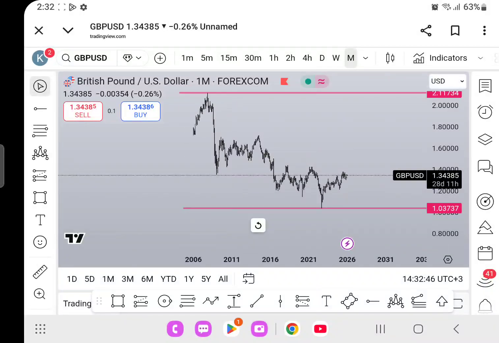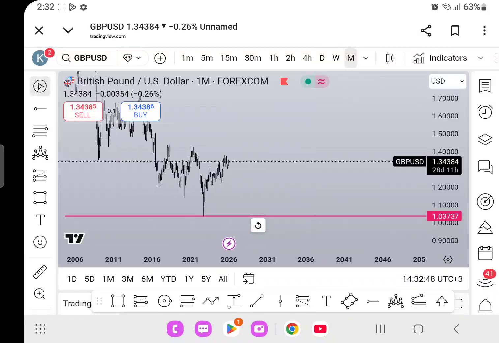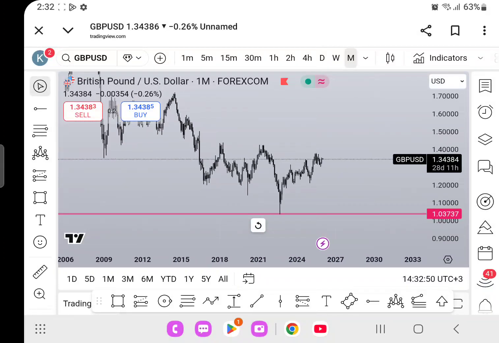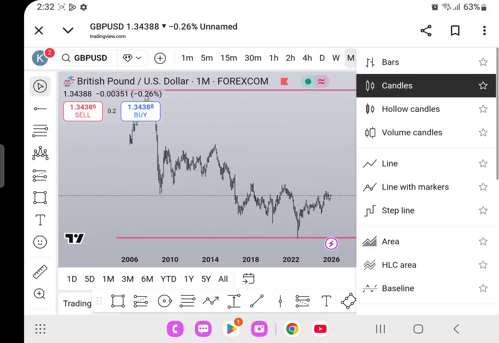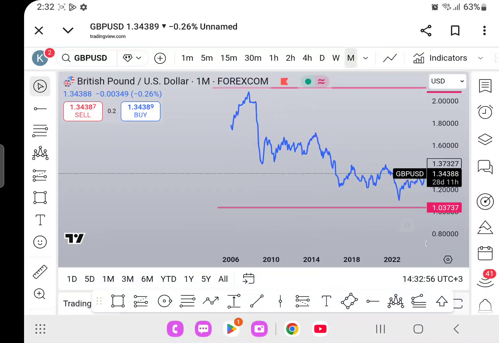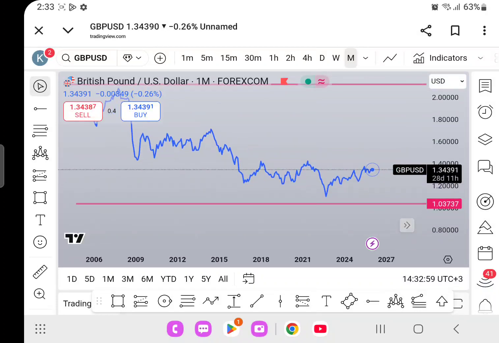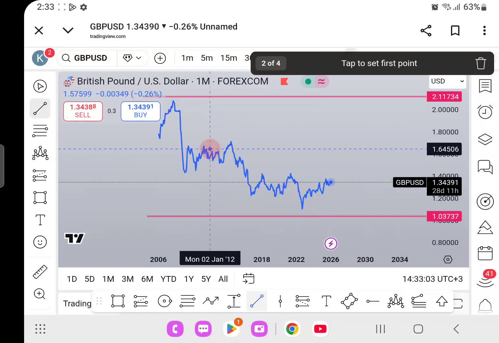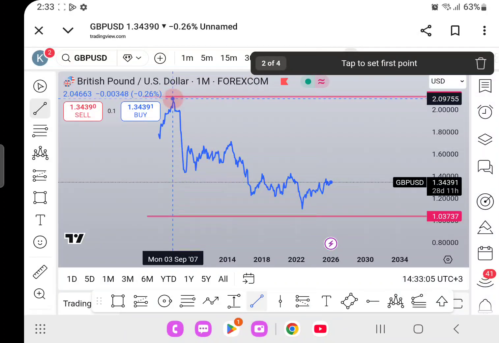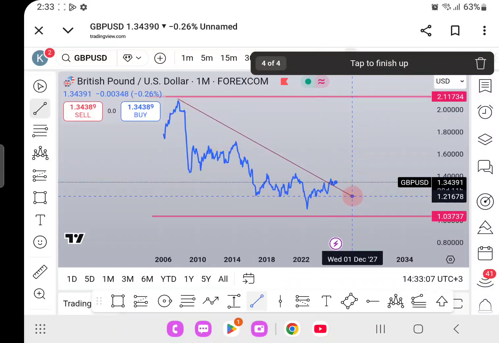This is Great Britain pound, as you see, one month. So according to market structure, the trend is dropping. Let me show you here. The trend is mainly selling. There are many ways to view a trend, but I mainly prefer drawing a trend line like this.